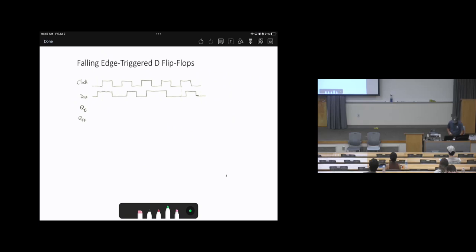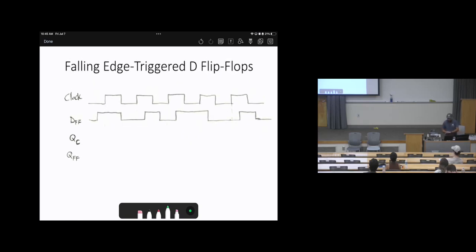Now, this one, falling edge D flip-flop. Keep in mind, falling edge means this one. So we will detect the falling edge here. We will detect what will happen only at this falling edge.